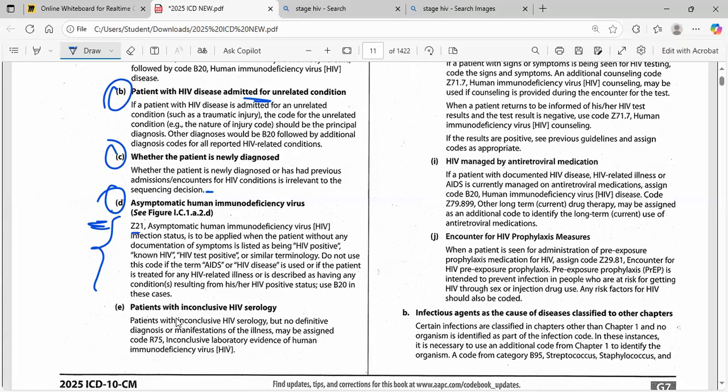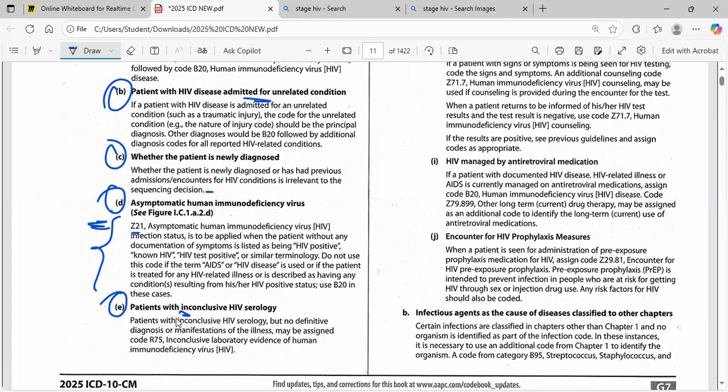Okay. So the next guideline is patient with inconclusive HIV serology. That means the HIV is neither negative nor positive. It is inconclusive due to a specimen issue or some other issue, and they are not able to find any result from the HIV serology.